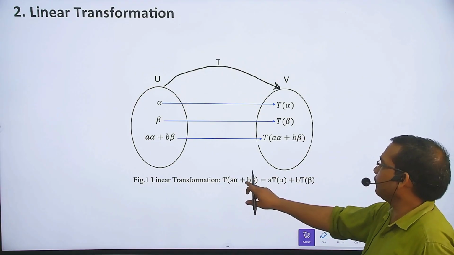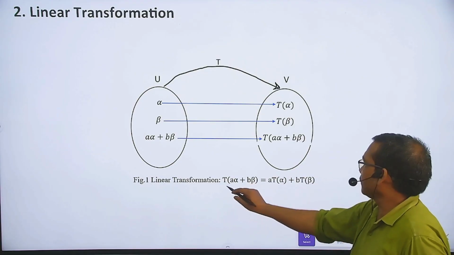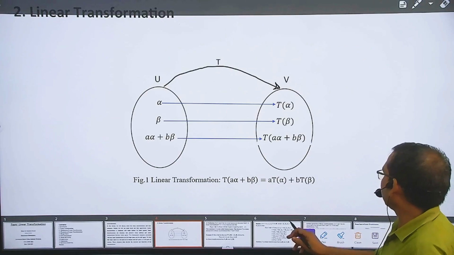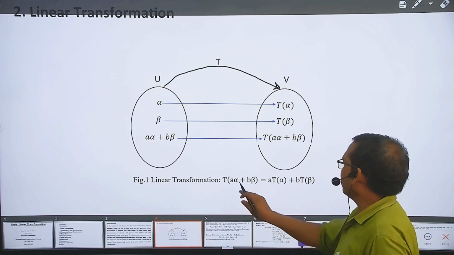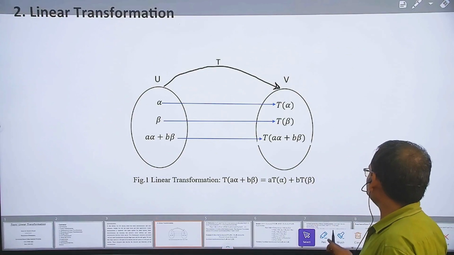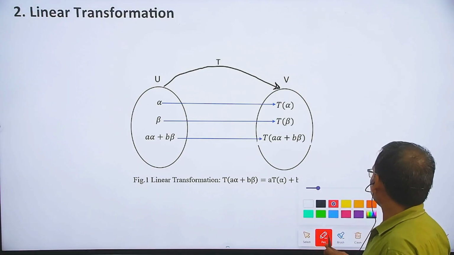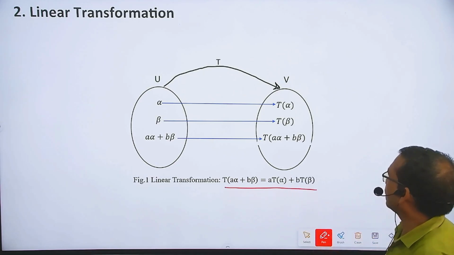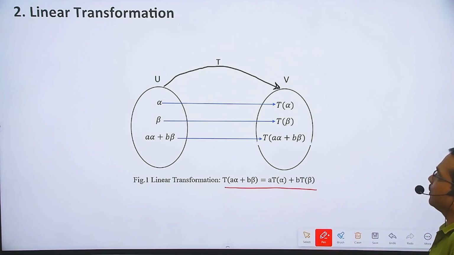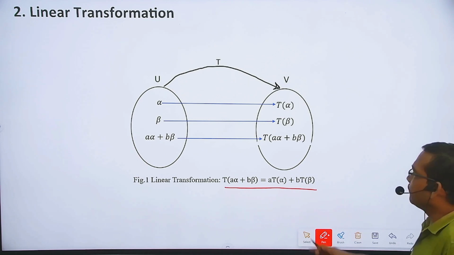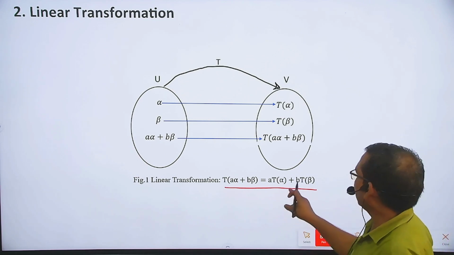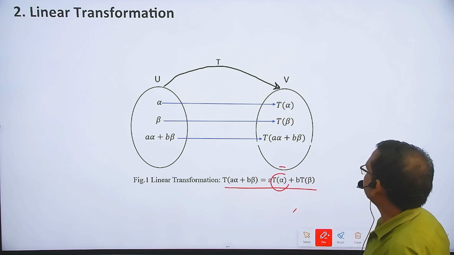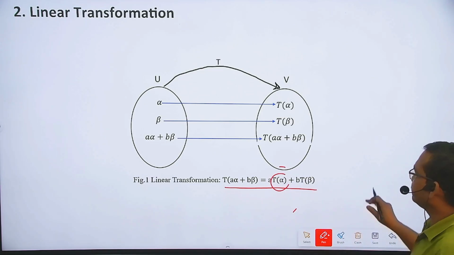Transformation of A alpha plus B beta is equal to A multiplied by transformation of alpha plus B multiplied by transformation of beta.